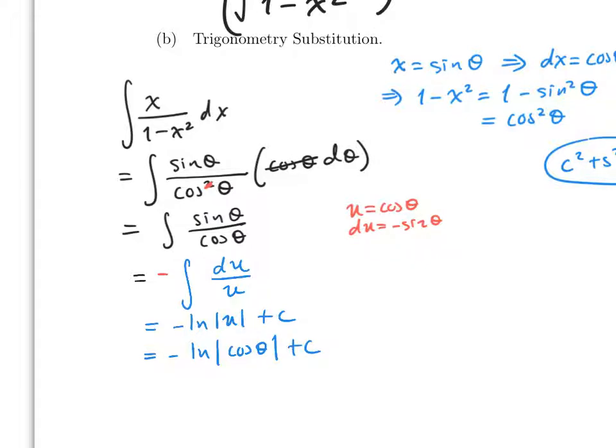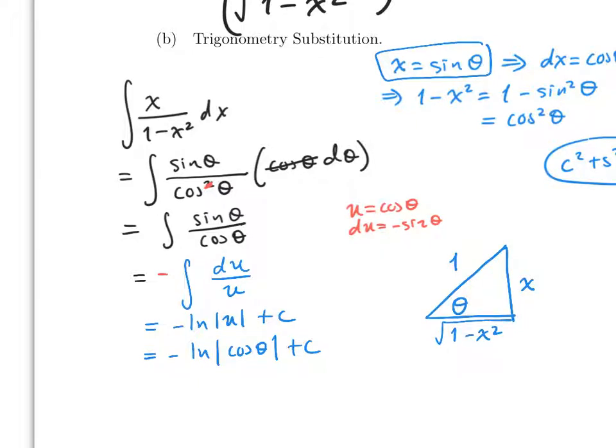We need to finish the problem by changing everything in terms of x. Remember, we start with sine theta equals x. So this should be x, this should be 1. So if you use the Pythagorean theorem, this will be the square root of 1 minus x squared.